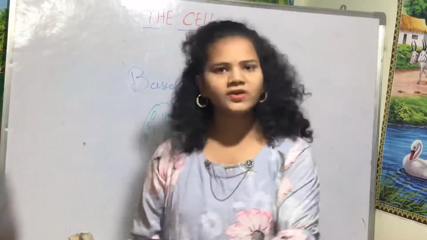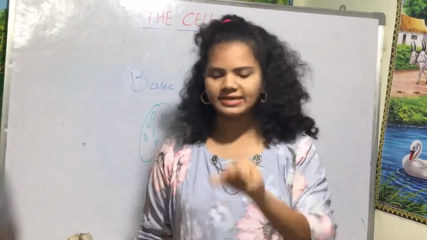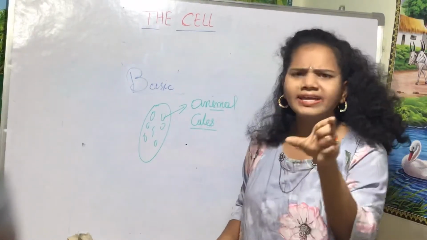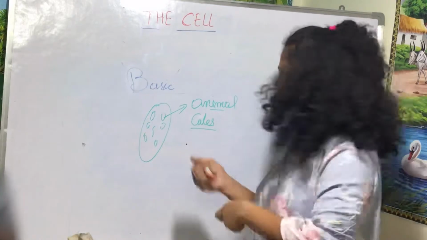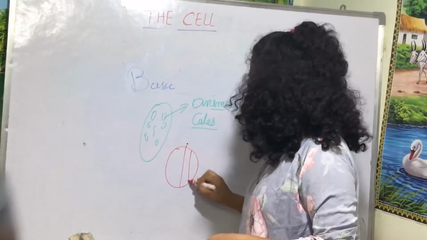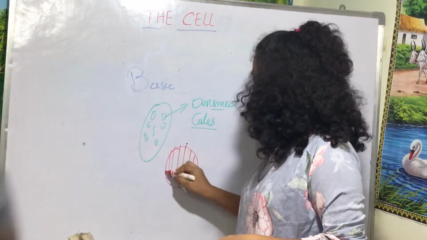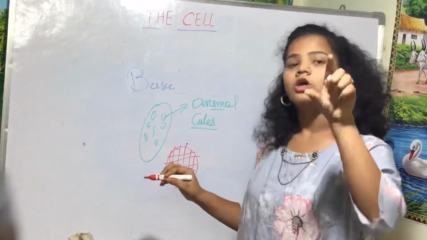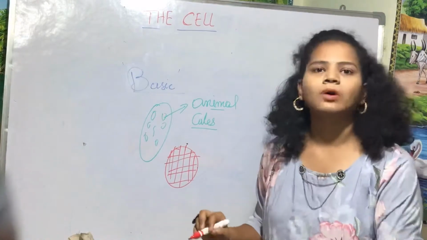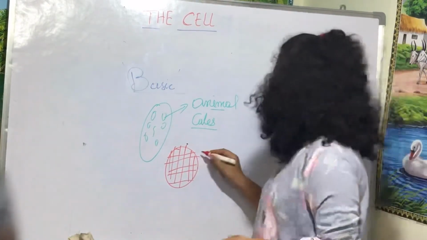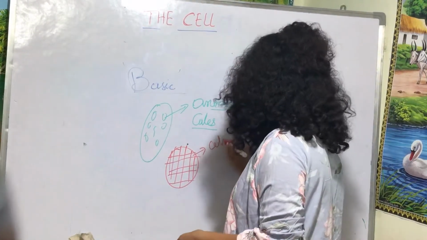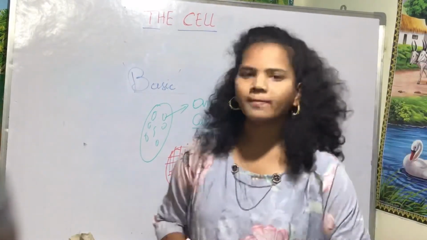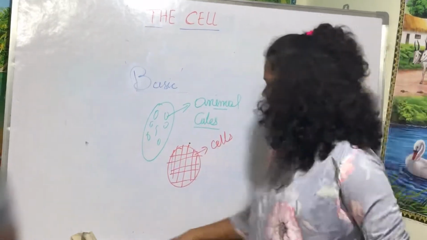He made similar observations and he got to see tiny, tiny compartments. Okay, very small and tiny compartments. He named these compartments what? Cells. Cell is the term coined by Robert Hooke then.